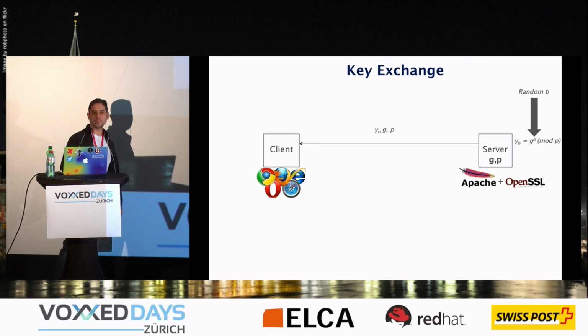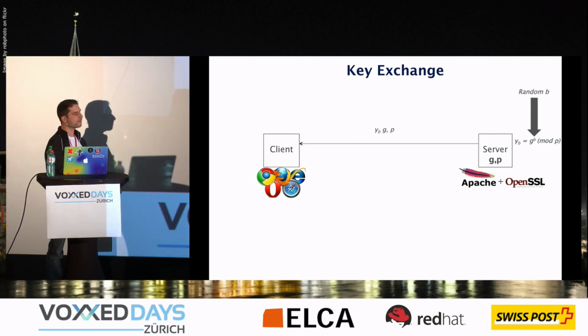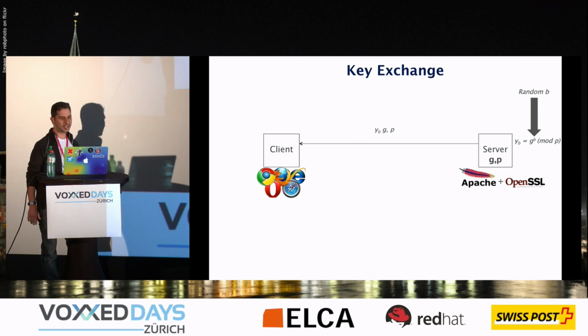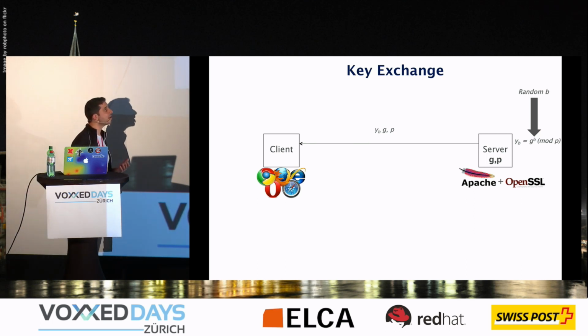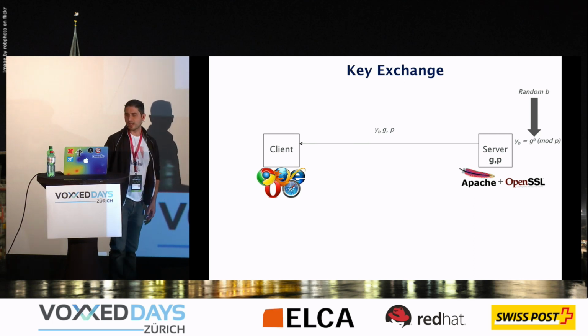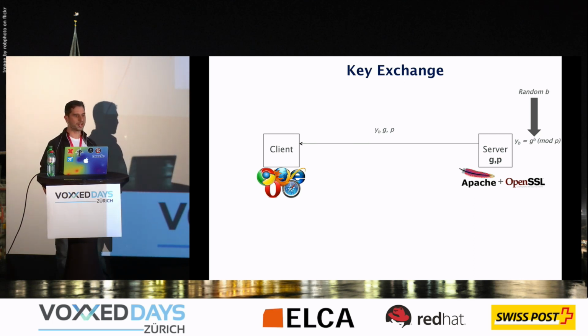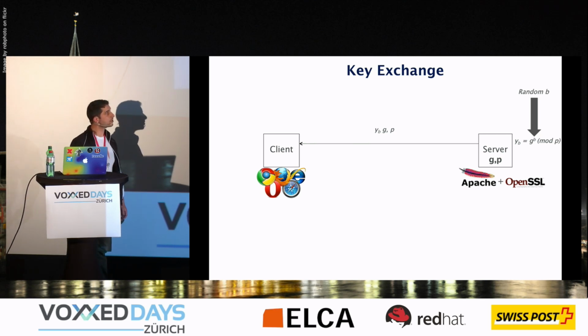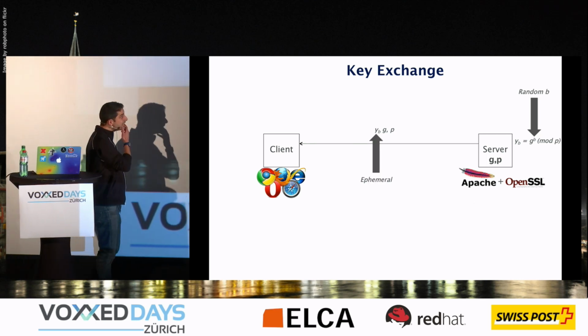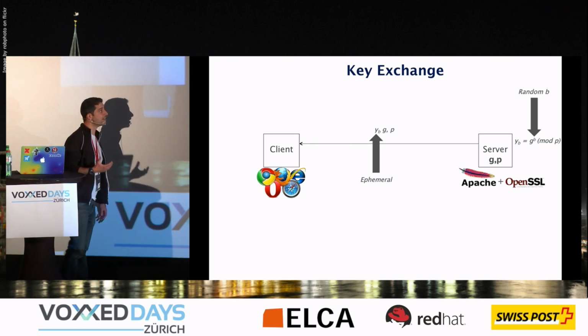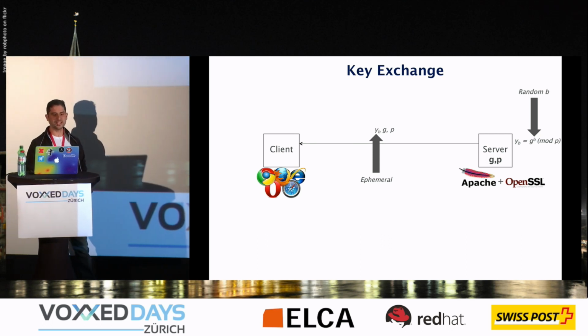Basically, when you use Diffie-Hellman for the key handshake, when your browser connects, the server picks a random number b, and that's the exponentiation, the normal exponentiation we have seen before. So that's g to the b mod p, and sends this to the network. In theory, they should choose this value of b differently every time.